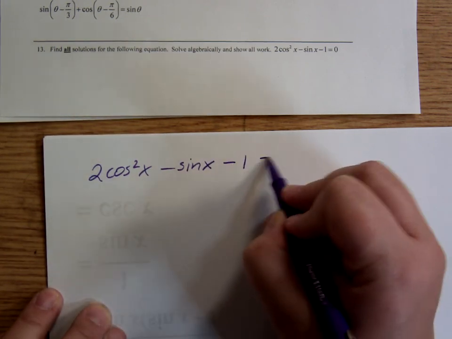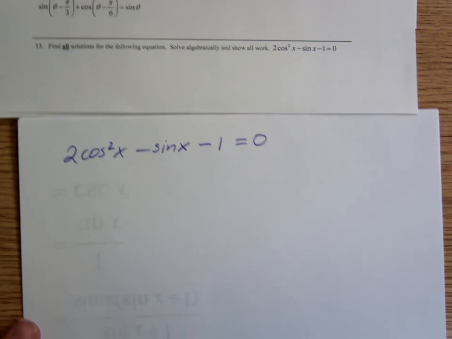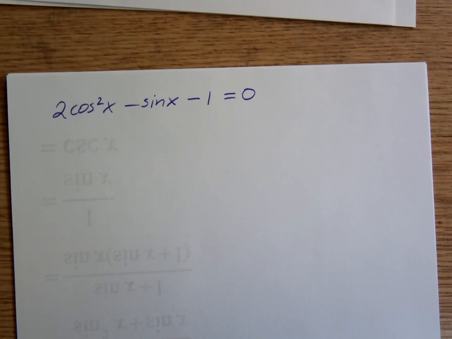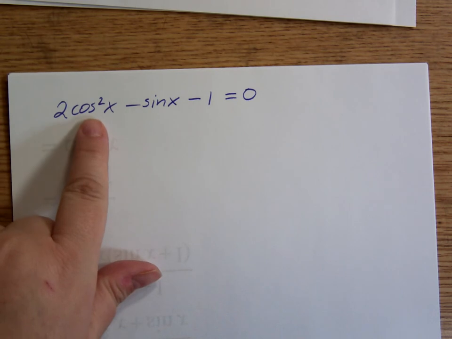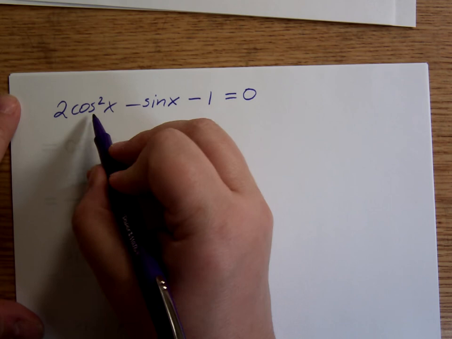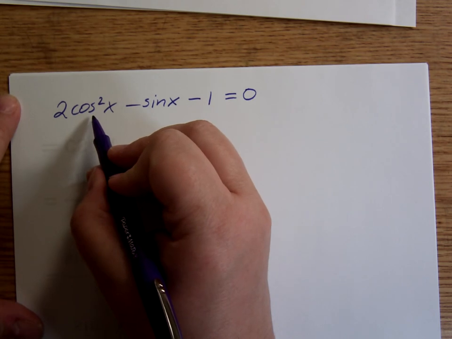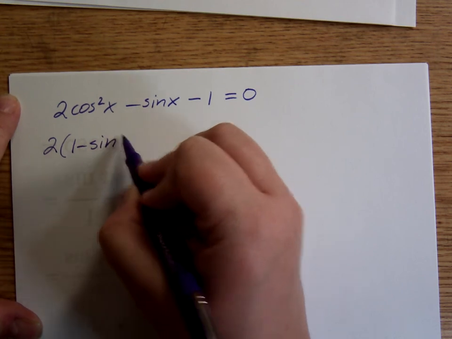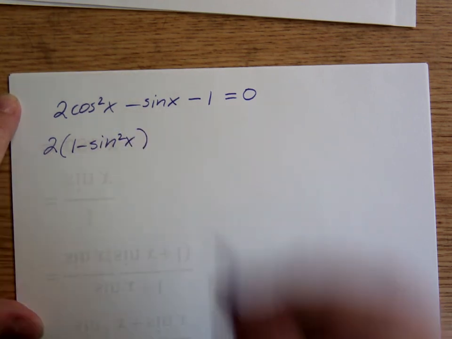First thing I notice is I have two different types of trig function going on, and it would be easier if I had the same type. One of them is squared, and when one of them is squared, it's very easy to change it to the other, because cosine squared is 1 minus sine squared, or sine squared is 1 minus cosine squared. In this case I'm doing that because now everything will be in terms of sine.